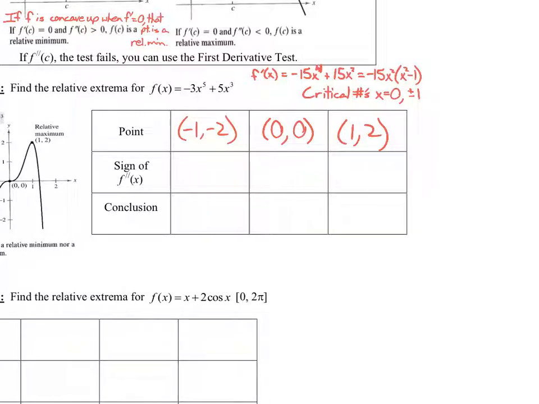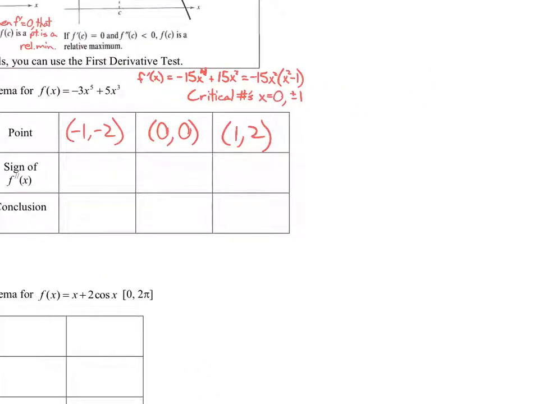So now let's look at the second derivative. The second derivative is going to be negative 60x cubed plus 30x. If I plug in a negative 1, that's going to be a positive 60 minus 30, so that's positive.